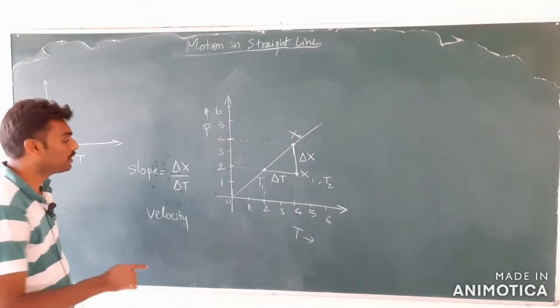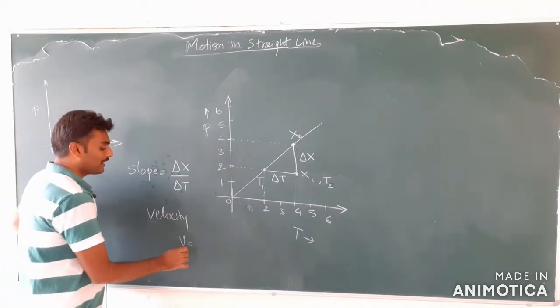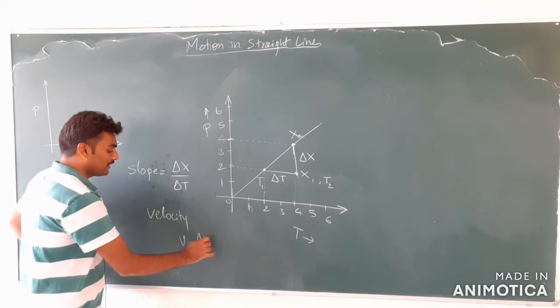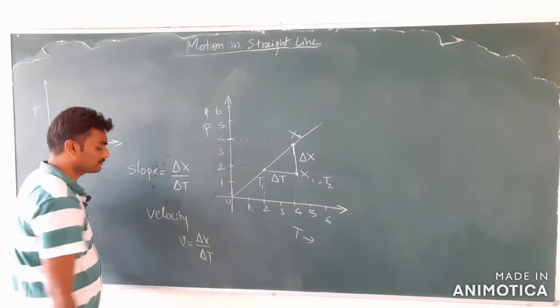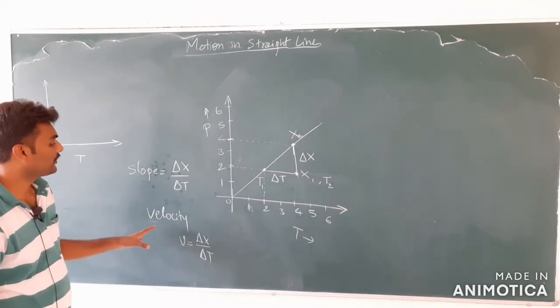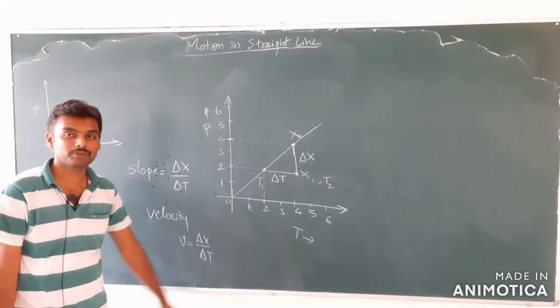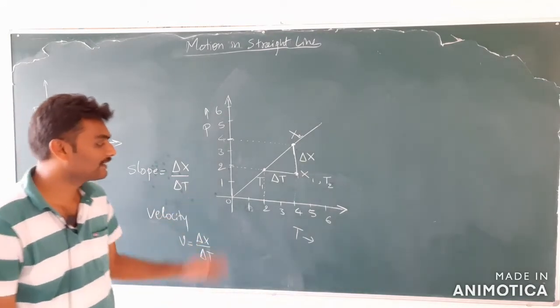Okay. Slope of a PT graph gives us velocity. So we can write V is equal to delta x by delta t. Keep this in mind, very important. Okay. Velocity is nothing but slope of PT graph when it comes to position analyzing the graphs.